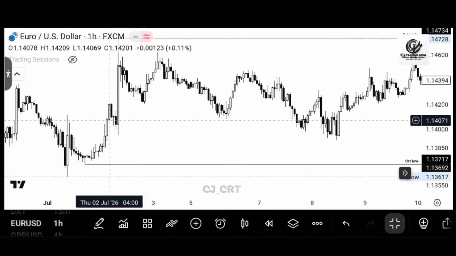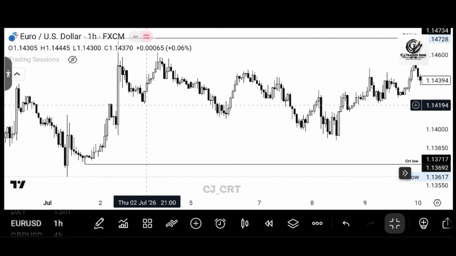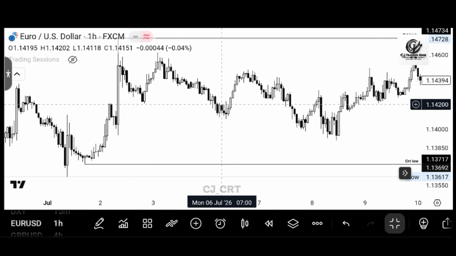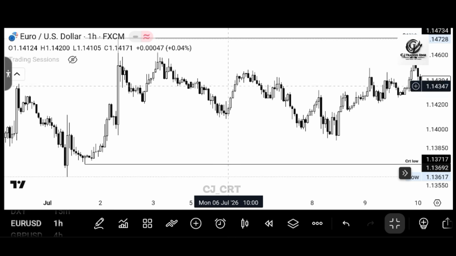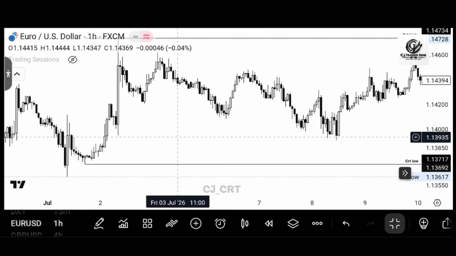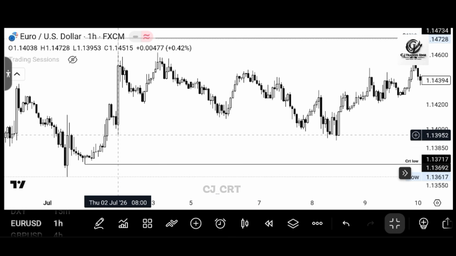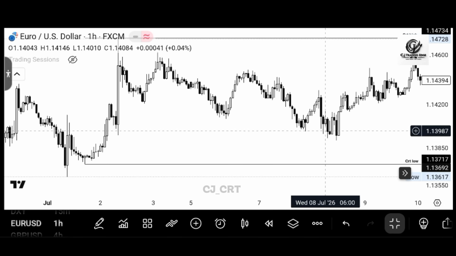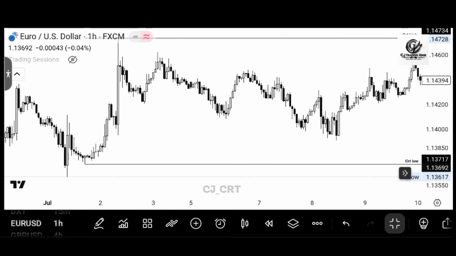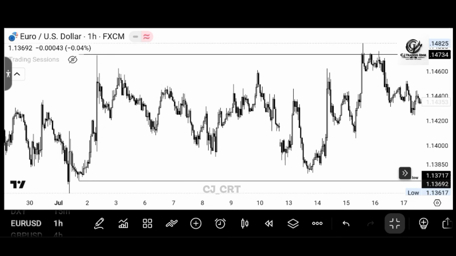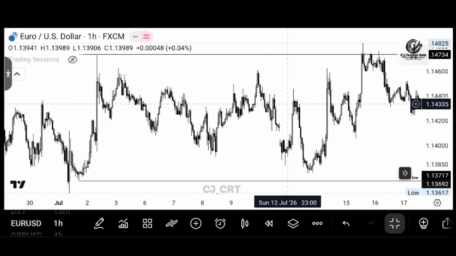You see this turtle soup here, and then you buy to aim for this high. And what happens? You get stopped out, because obviously your stop loss will be, I think, here or probably here. I don't know which of these two, but then you get stopped out. So to be on the safe side, don't trade this thing.